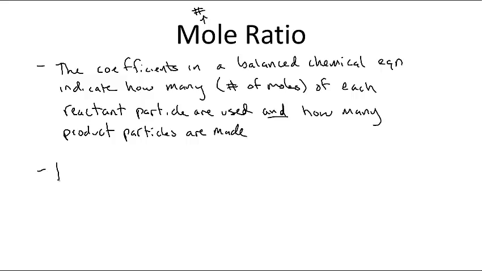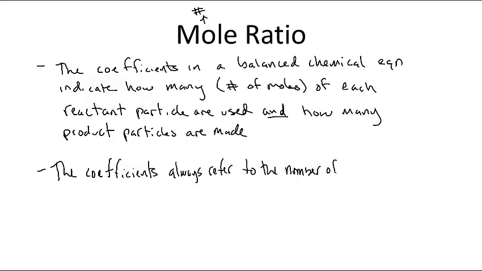So also the coefficients, the number in front, they always refer to the number of units. Remember, going way back when we started talking about representative particles, so things like FUs, molecules, and atoms that are reacting.